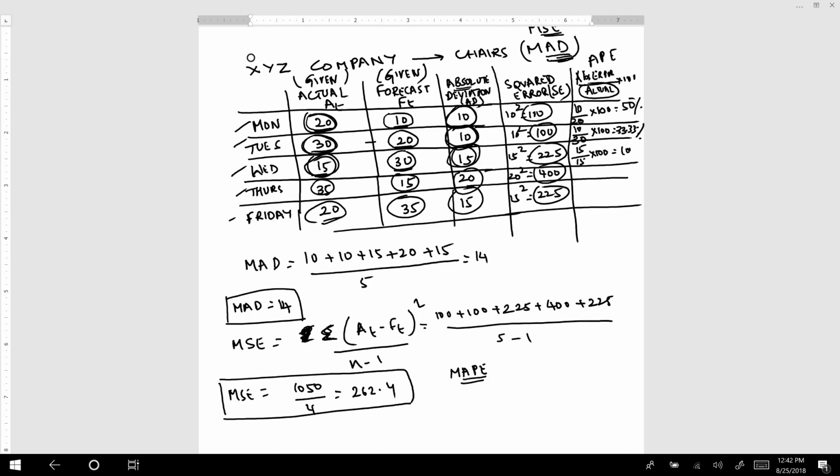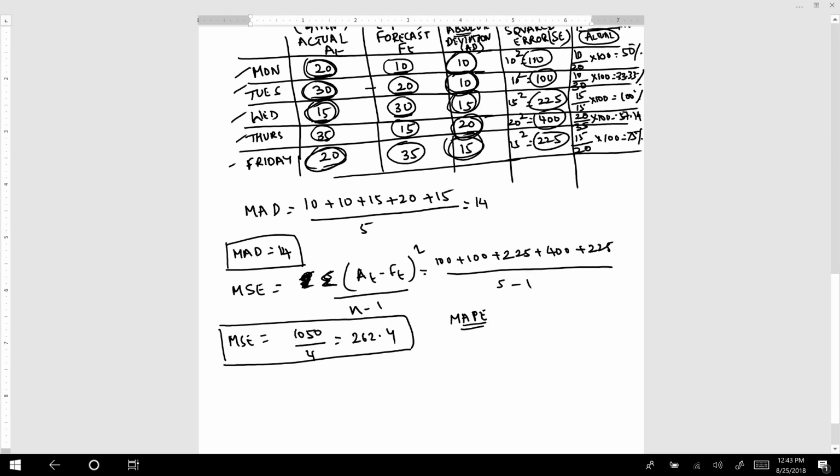So I made a 100% error. Again here the absolute error is 20 and the actual value is 35 multiplied by 100. So the error I made is 57.14. Finally here I made an error of 15 and the actual value turned out to be 20 multiplied by 100. So I made a 75% error.